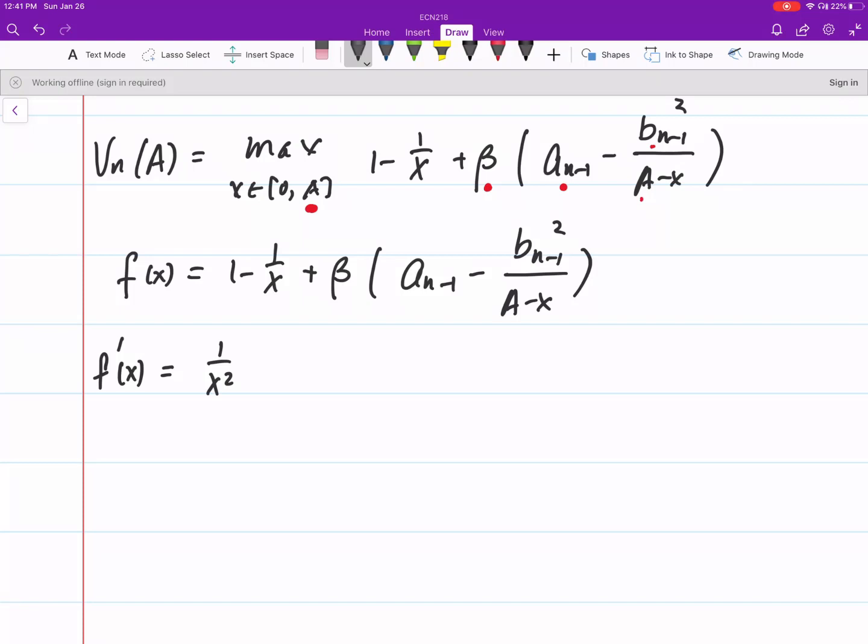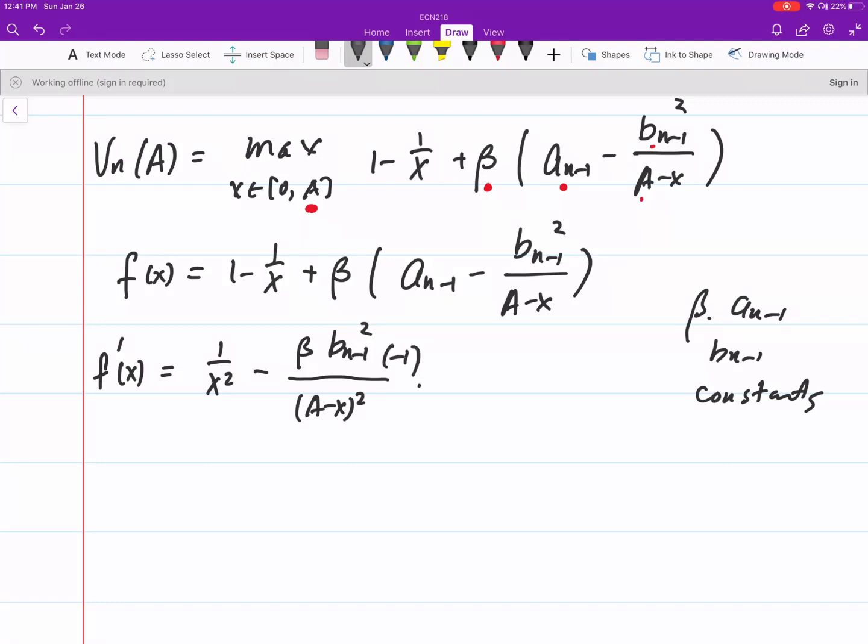For the second term, remember beta, An minus 1 and Bn minus 1 squared are constants. Taking the derivative of 1 over A minus x, we get 1 over A minus x squared times negative 1, and then multiplied by another negative 1, since the derivative of A minus x is negative 1.